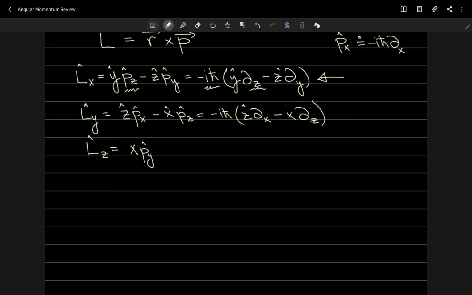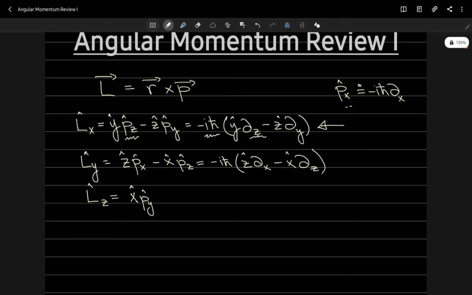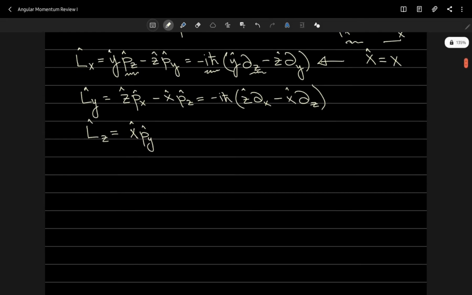So let me just draw this hat on these things, right? Because the momentum operator is this thing and the position operator is just itself, right? Okay, so yeah, minus y px, and this thing would be equal to negative iota h bar x partial derivative with respect to y minus y partial derivative with respect to x, right?